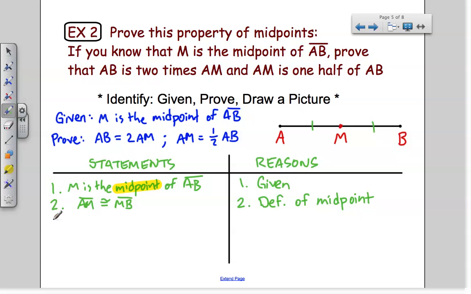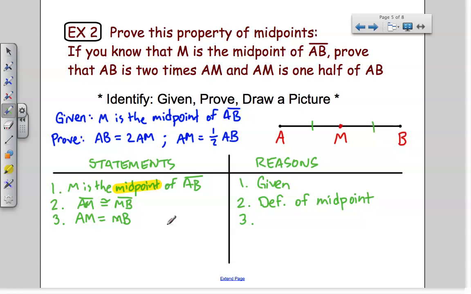Oh, and actually, before I do that, notice that I have equal signs here, and right now I have congruent. There's a little distinction to be made. Now, we know when we say segments, they have to be congruent, but if I want to talk about lengths and eventually say things are equal, you're going to have to go to equal sign here. So instead of segments being congruent, I want that these lengths of these segments are equal.